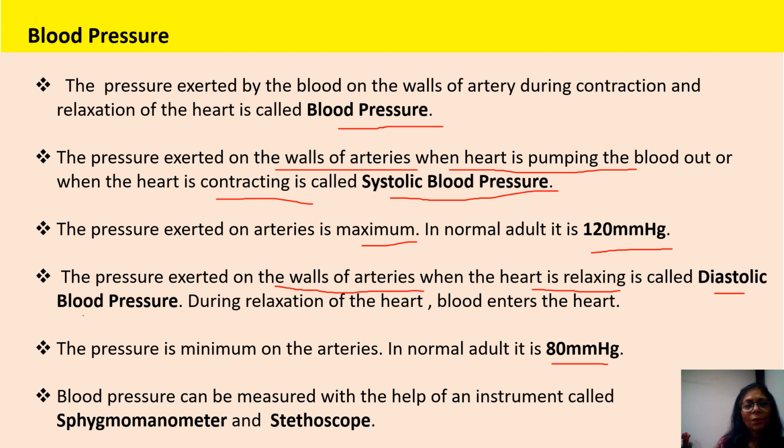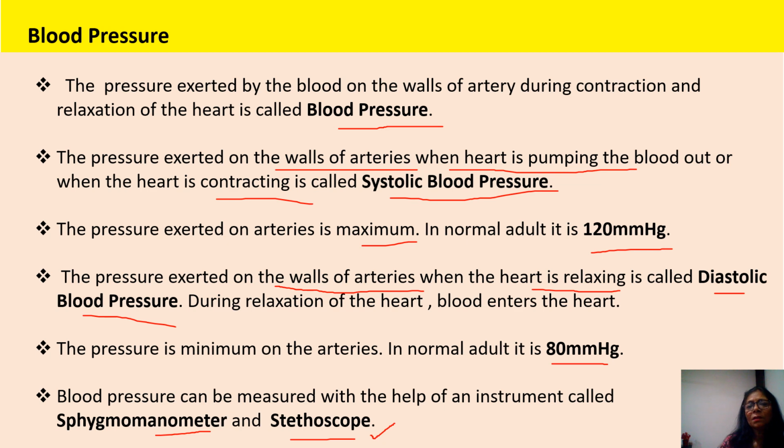The blood pressure can be measured with the help of an instrument called a sphygmomanometer and a stethoscope. The sphygmomanometer consists of a tube containing mercury. When the heart contracts, it produces a sound. This sound can be heard by a stethoscope.